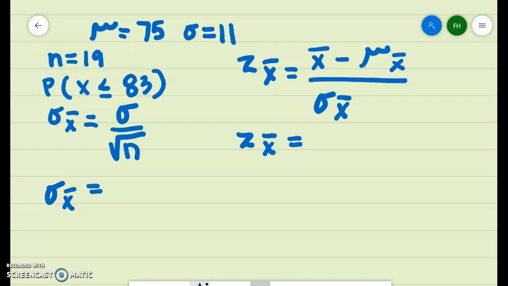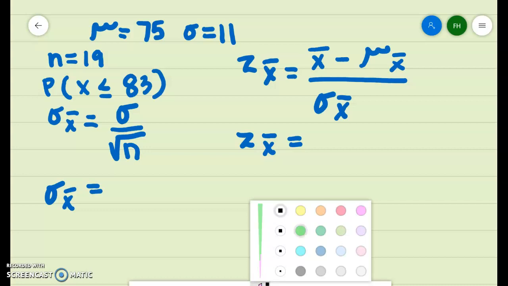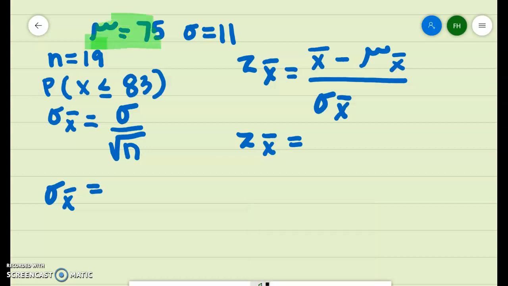We know that our population mean is 75 and our population standard deviation is 11 and our sample size is 19. So we're going to use this information to figure out our probability.